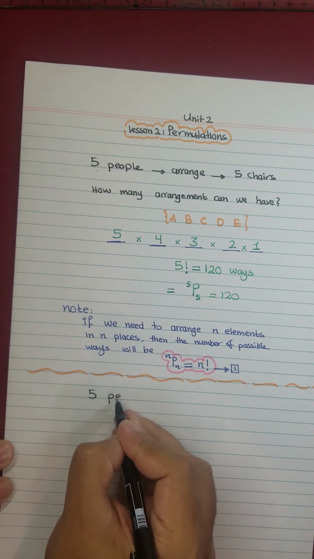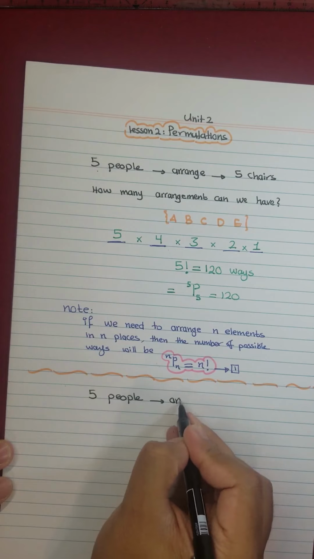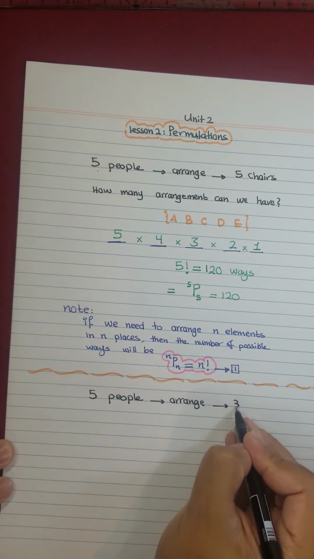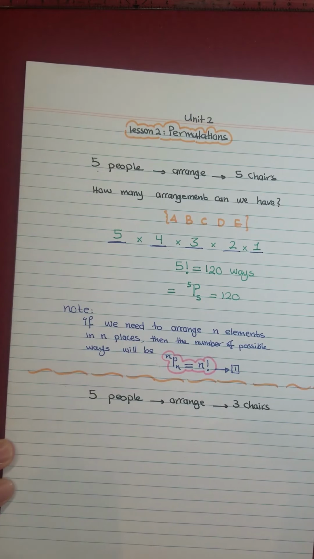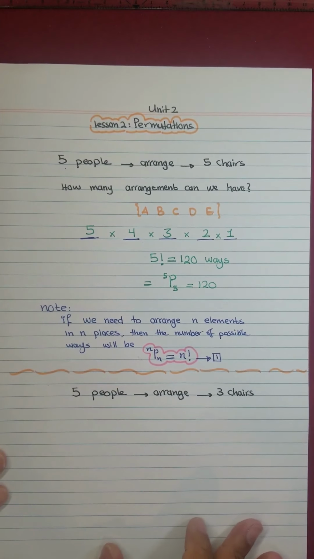This time, not everyone will be seated. We'll select 3 from the 5, and then we will arrange these 3.